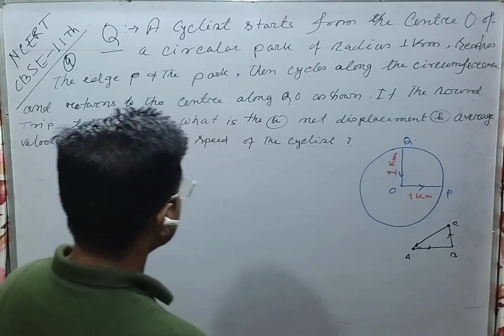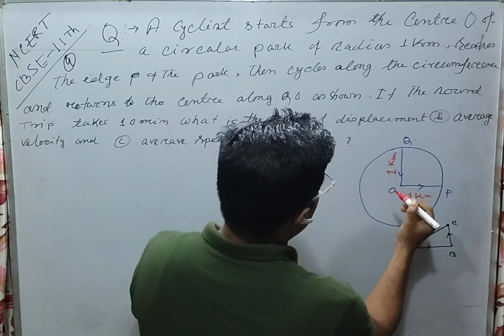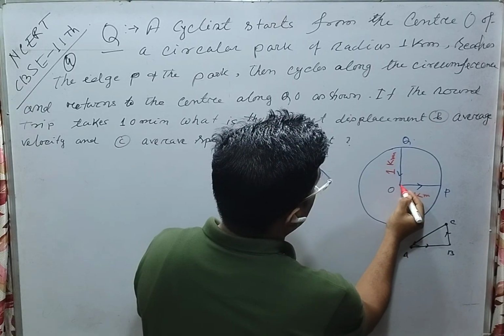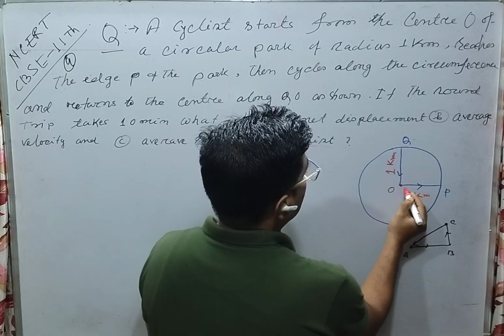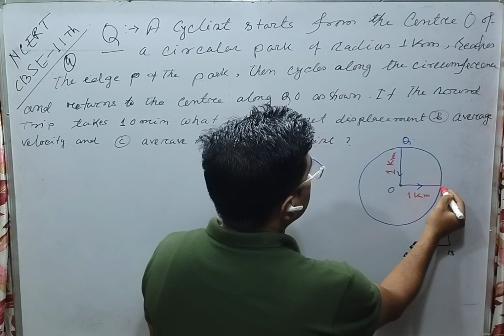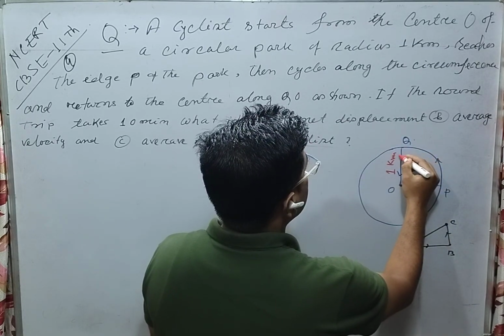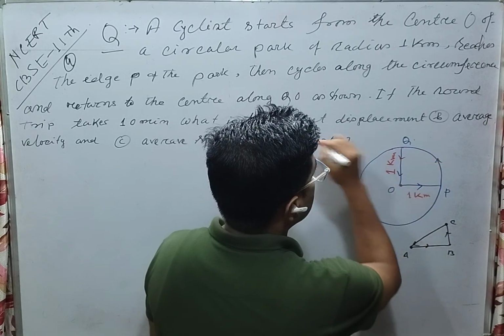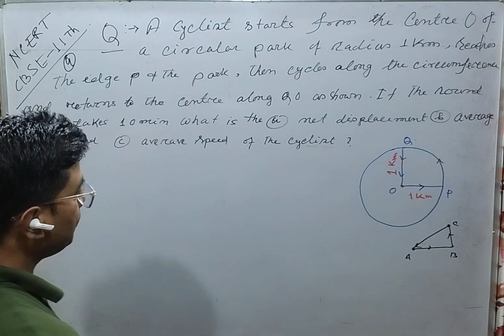Let's see. The cyclist starts from the center of the circular park O and covers a distance of 1 kilometer to P, and then from P to Q along the arc, and then enters into the center of the circular park.